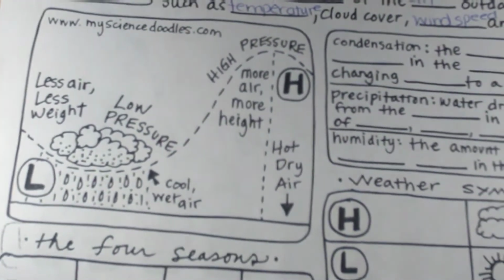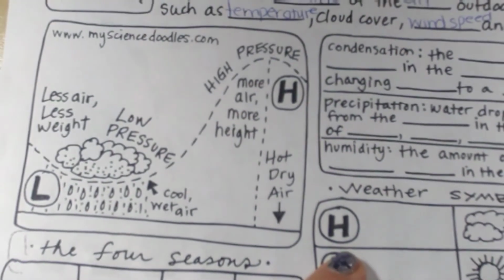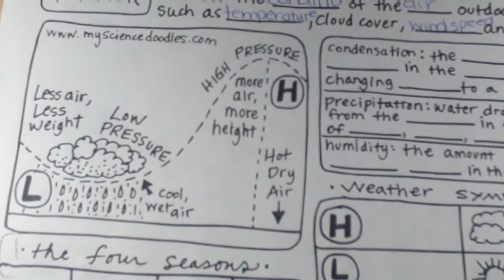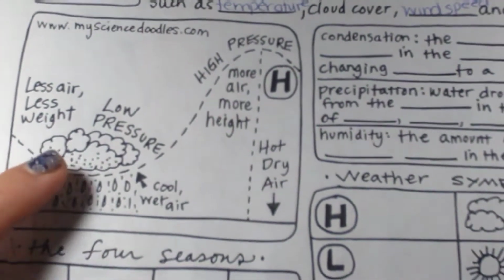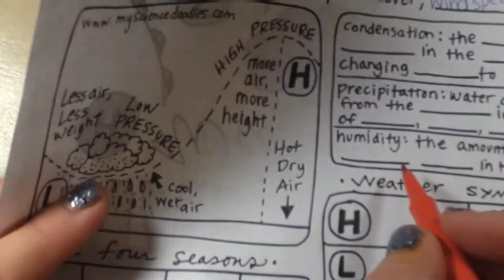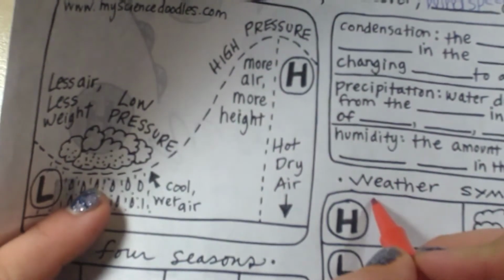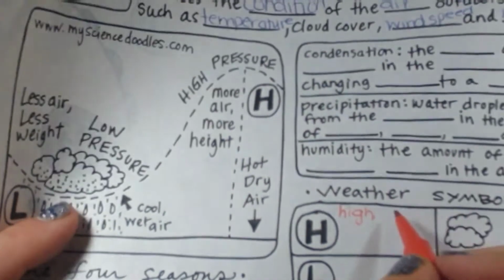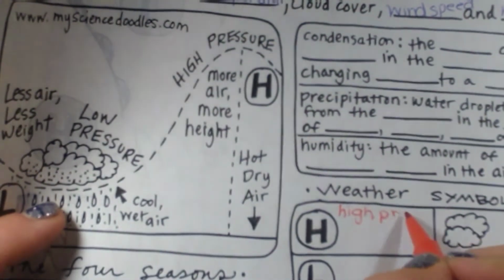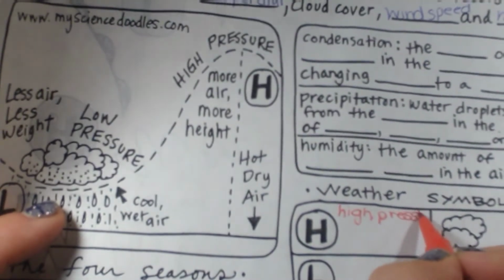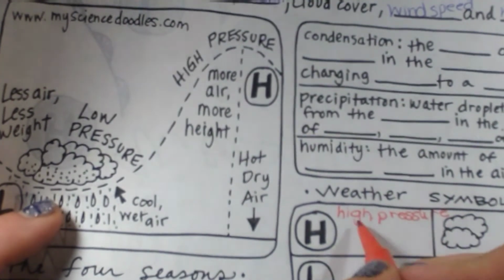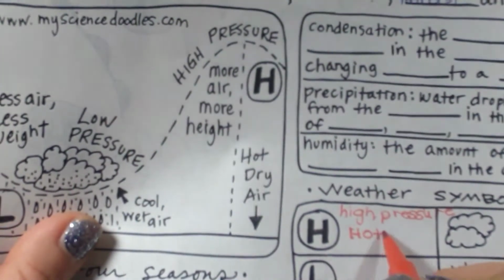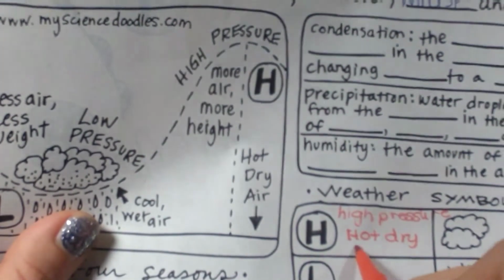Now, how do I know what the meteorologist is saying or what I'm reading on a map? A high pressure system means H circled. It means hot, dry air. So high pressure means hot, dry air.